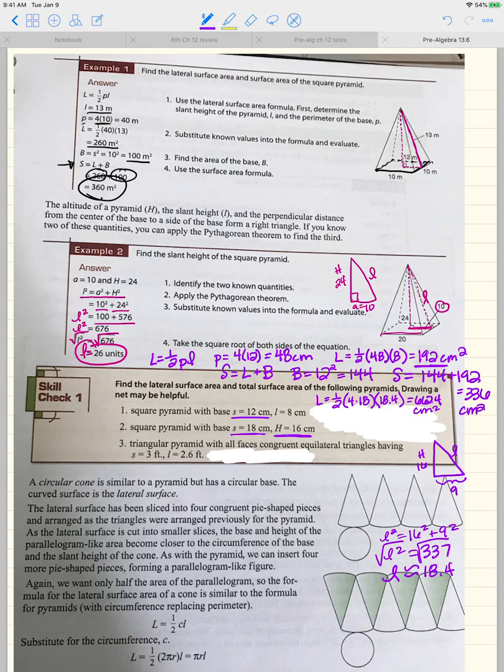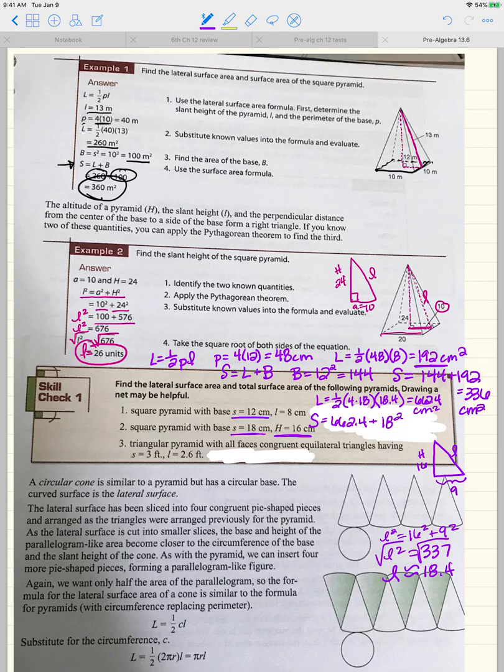Now to figure out our big S, big L plus big B: 662.4 plus the area of our base. We have a square with side 18, so 662.4 plus 18 squared.